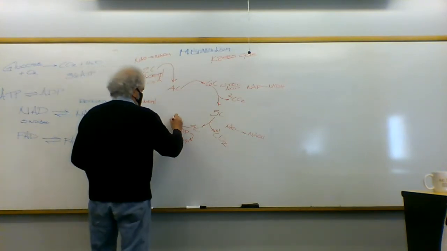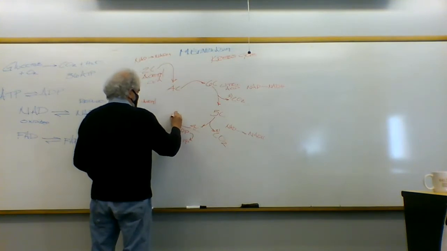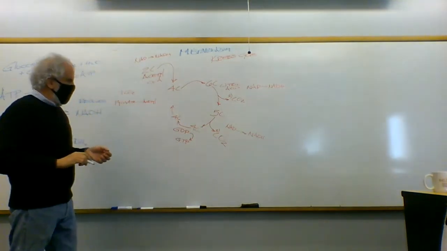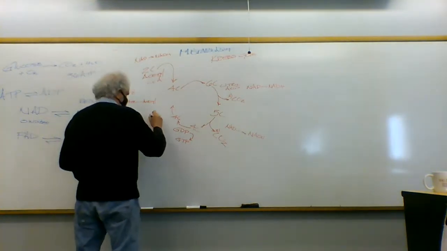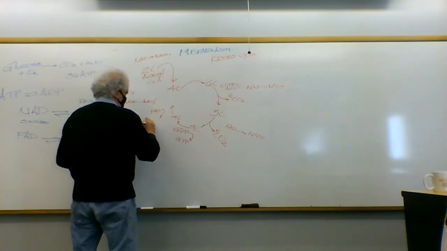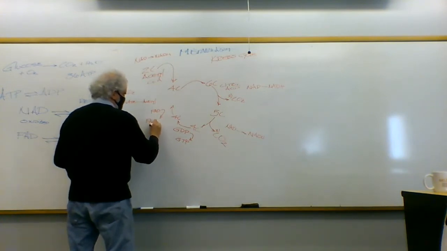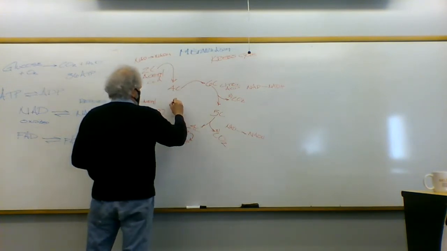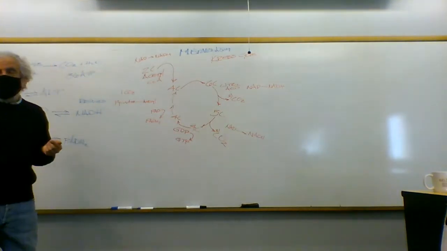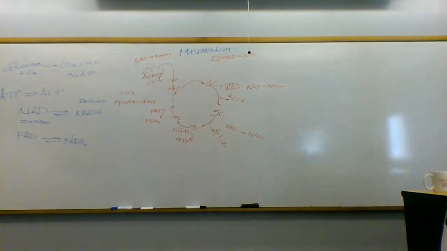And we still got 4 carbons. Now this oddball electron carrier, FAD, comes in, picks up an electron. It is reduced to FADH2, and pretty much that is where we end up recovering and regenerating this 4-carbon acceptor molecule.